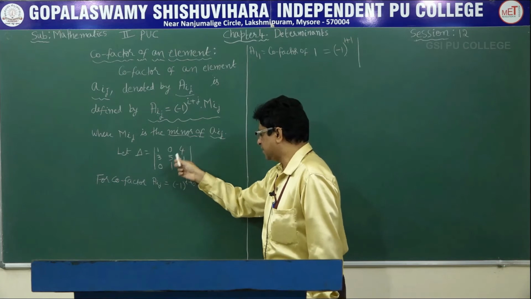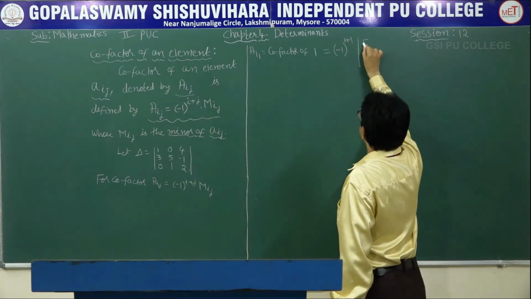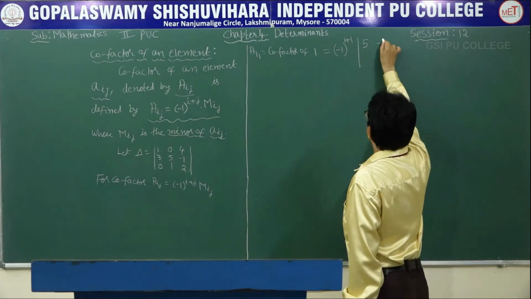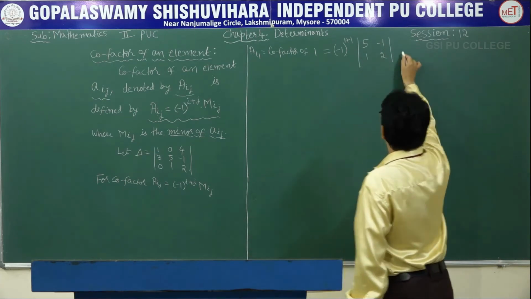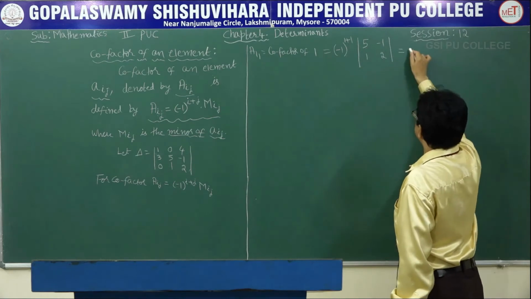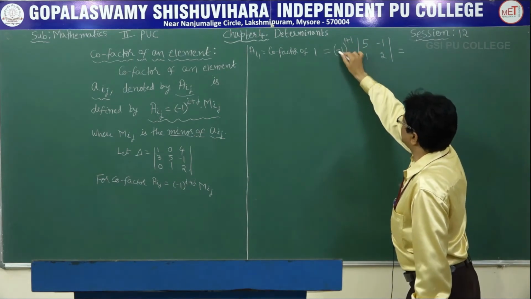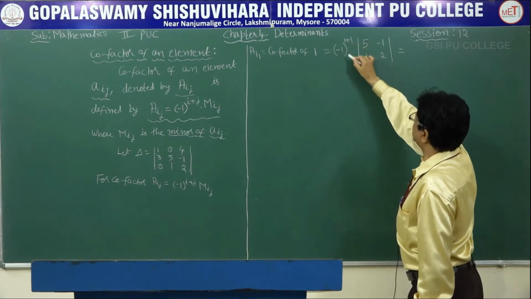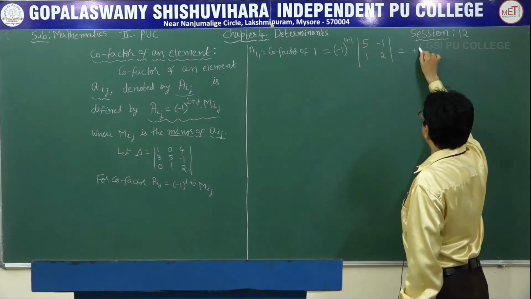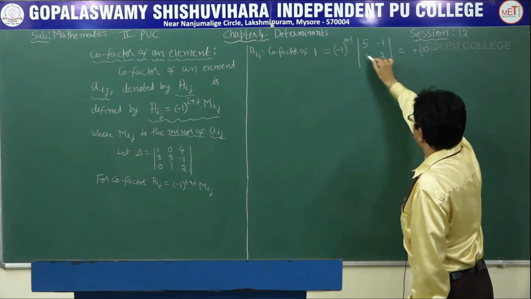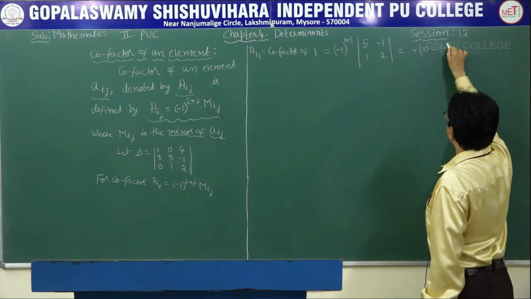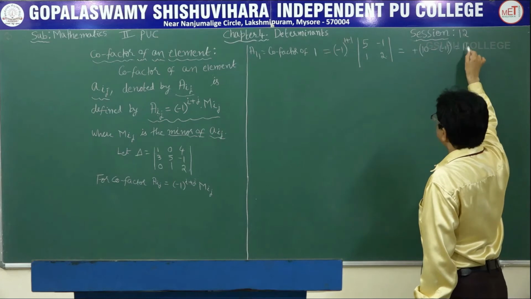That is the determinant of [5, -1; 1, 2]. So that will be equal to 1 into (5 into 2, 10, minus 1 into -1, which is -1 so plus 1). That is equal to 11.